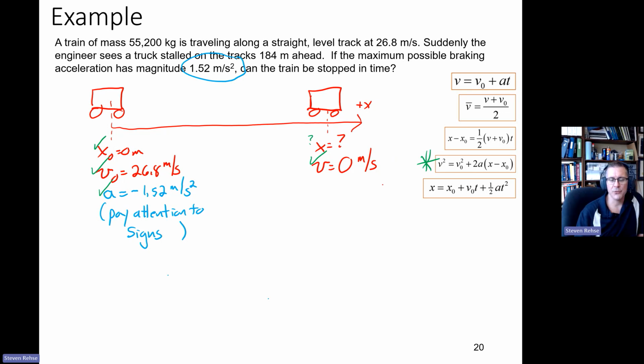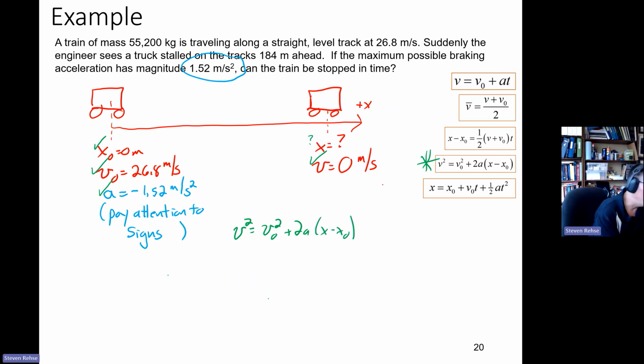It's why I like to, when I'm solving problems with you guys, list the variables on the right side of the page, so you can look at what's given, and then which equation can you use? Well, that's the right equation. So we can use the equation v squared equals v naught squared plus 2a times (x minus x naught).